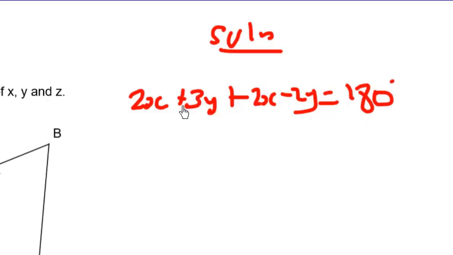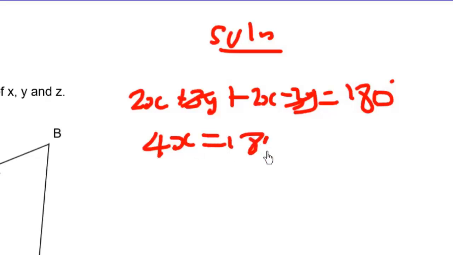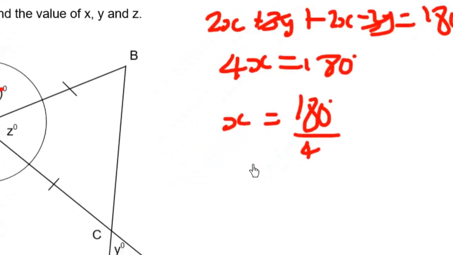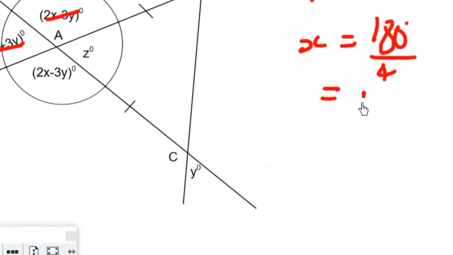So now I think this will cancel. This is 3y, sorry. So this will cancel this. We have 4x is equal to 180. So my x will be equal to 180 divided by 4, and this will give me 45 degrees. So my x is equal to 45 degrees.